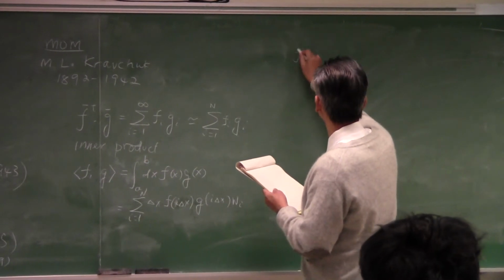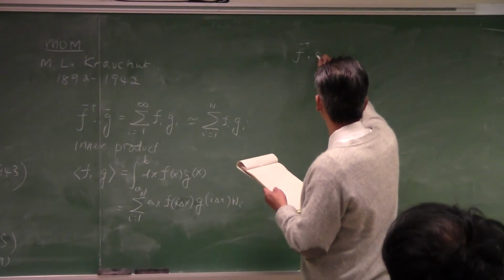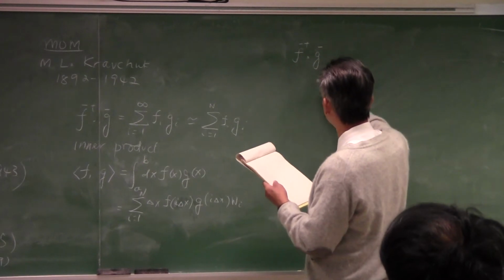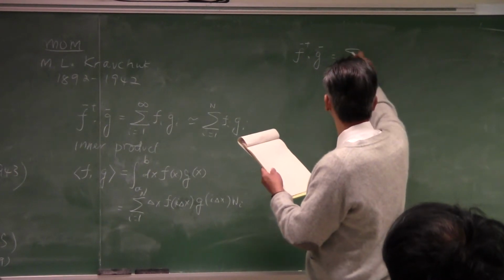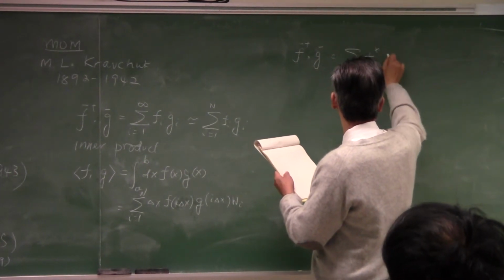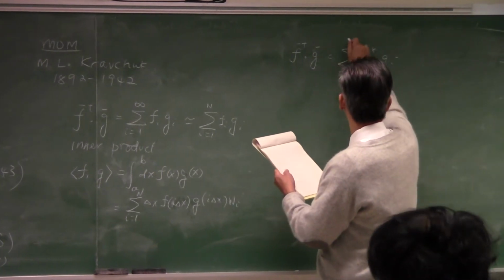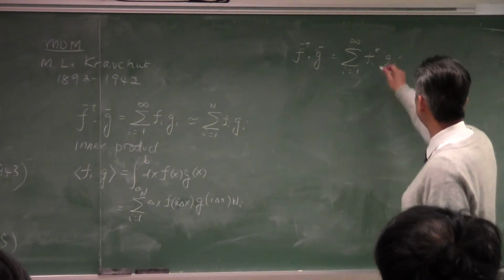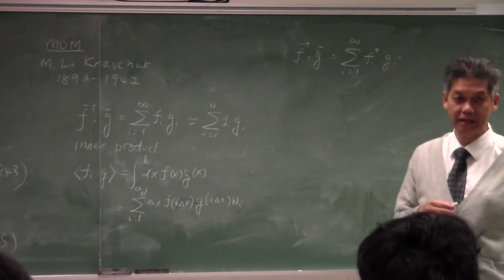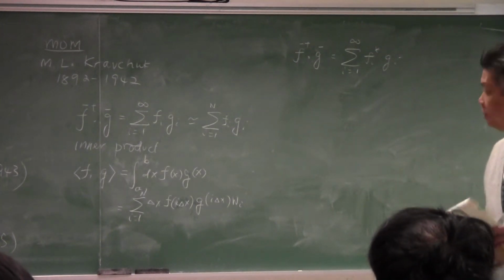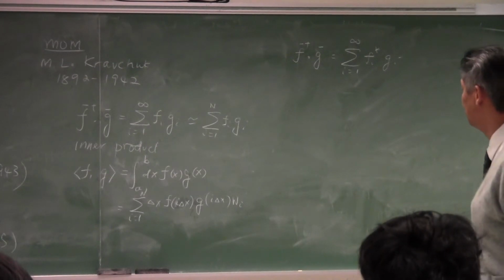mathematics, it's often a common practice to define inner product with a complex conjugation. The good thing about complex conjugation is that you can define a length very easily.